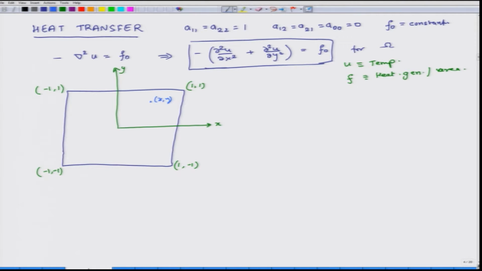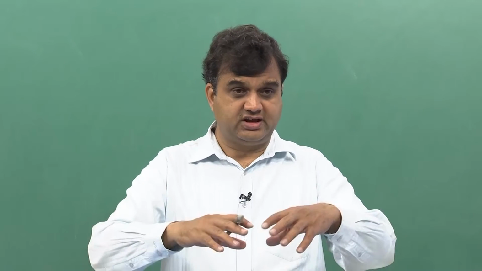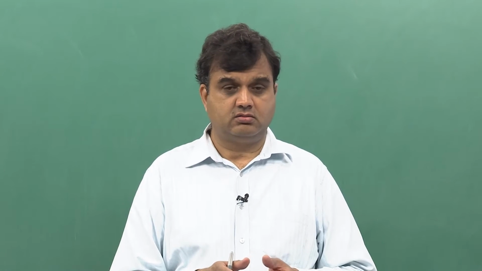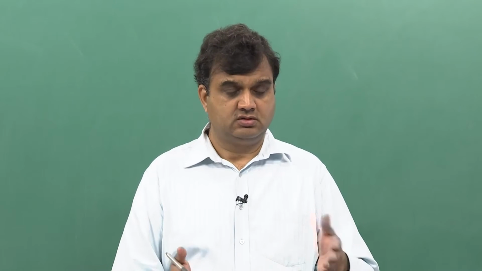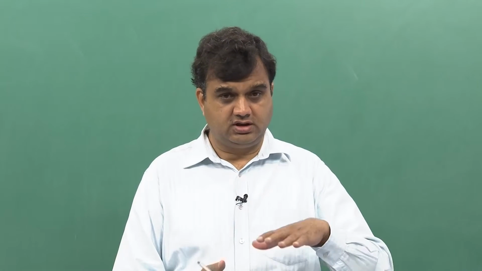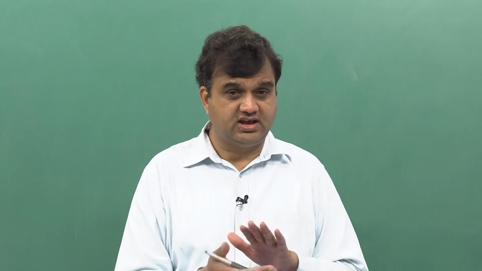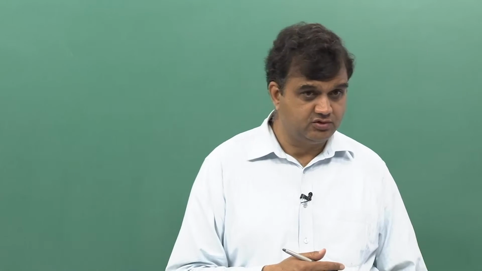So, we say that the boundary condition is such that on all 4 sides u is equal to 0 on this side, u is equal to 0 on this side, u is equal to 0 on this side, u is equal to 0 on this side. So, what have I done? Let us say I have put ice on all 4 edges, and that is what I am doing.